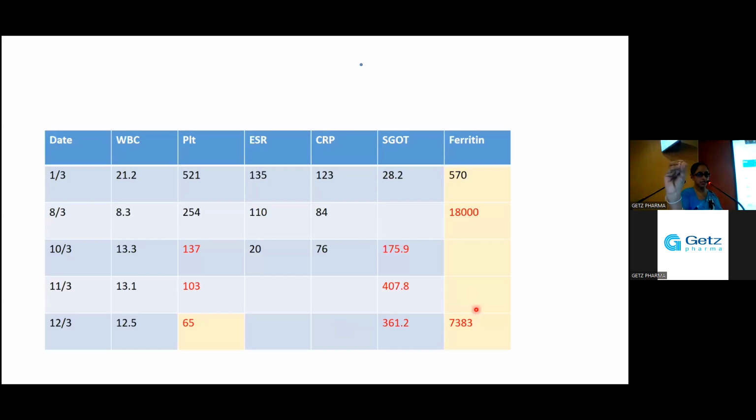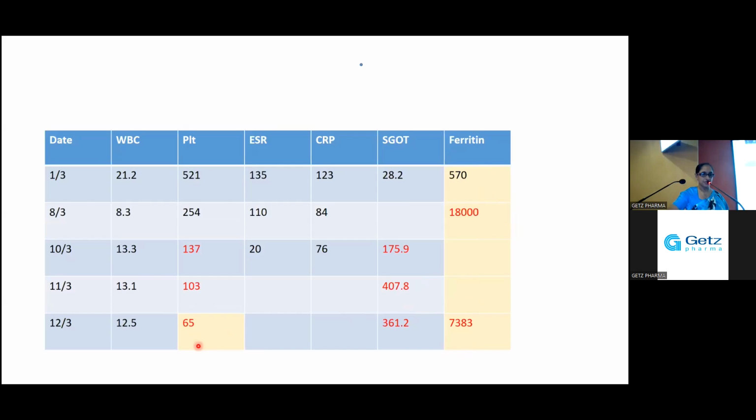All the rheumatology class came together and they are called the PRINTO criteria 2016. So your red figures show the MAS criteria of 2016, and your yellow cages show the HLH criteria.